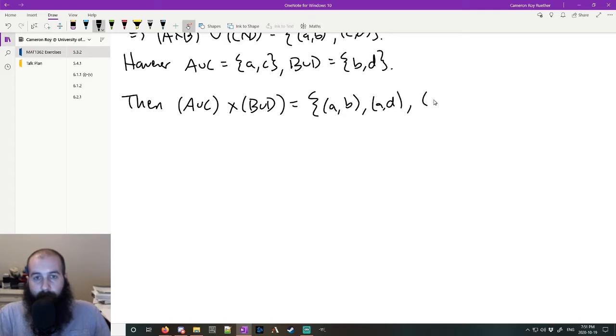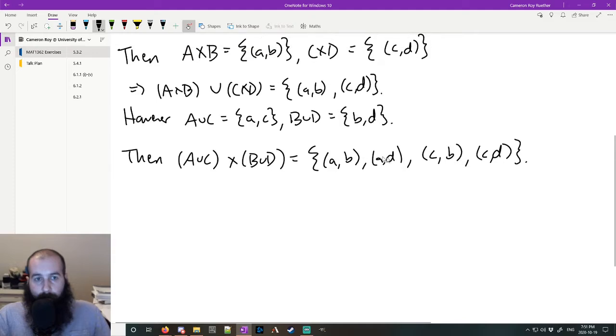And it will also contain pairs where the first element is c and the second is either of these, cb and cd. So, since this set only has two elements and this set has four, they cannot be equal. So we can just conclude that the first set is not equal to the second set.